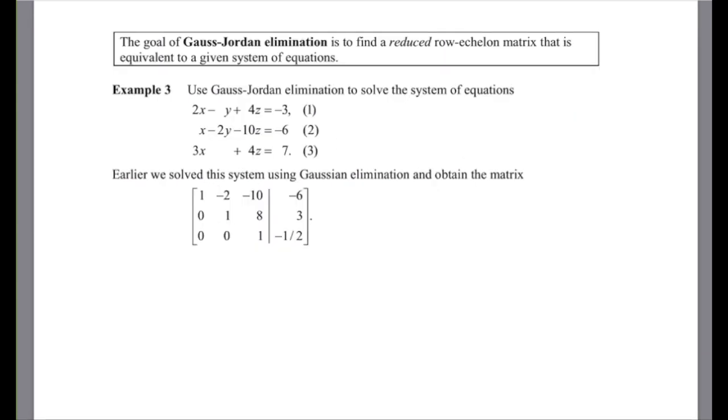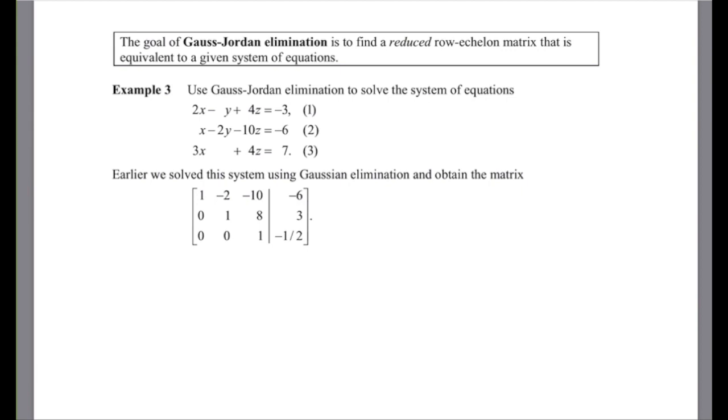The goal of the Gauss-Jordan elimination is to find a reduced row echelon matrix that is equivalent to a given system of equations. And by putting it in reduced row echelon form, it automatically solves x equals a value, y equals a value, and z equals a value, and we put it back into equation form.